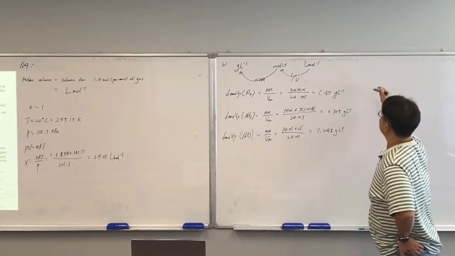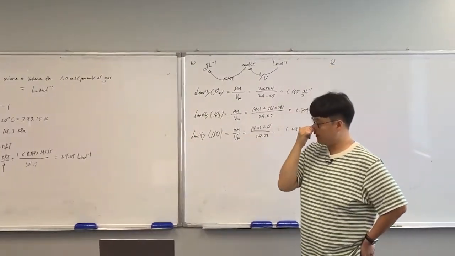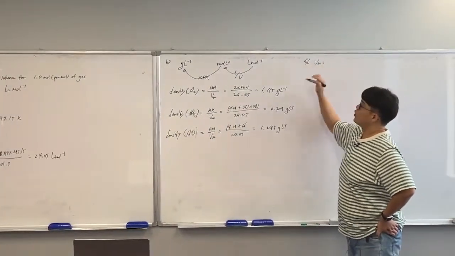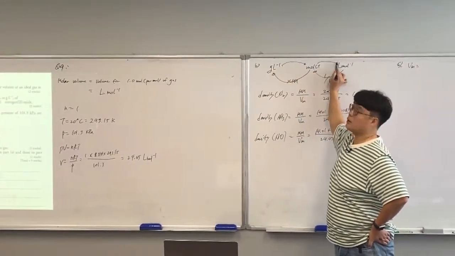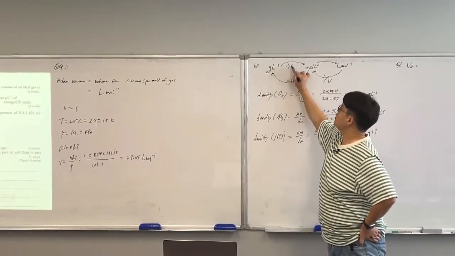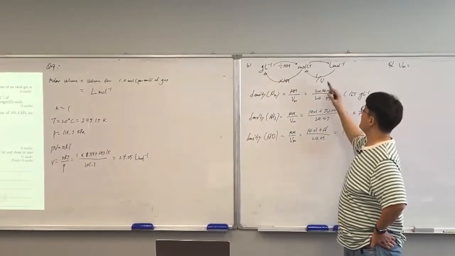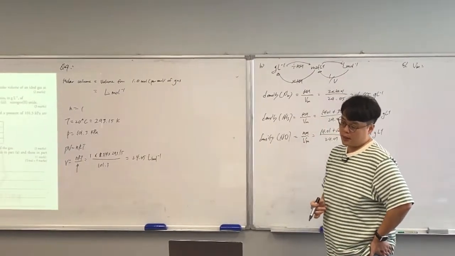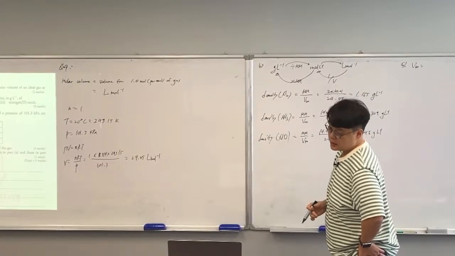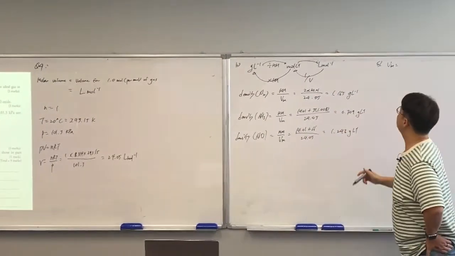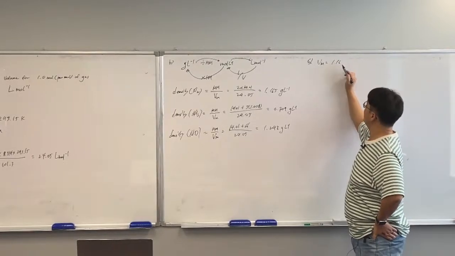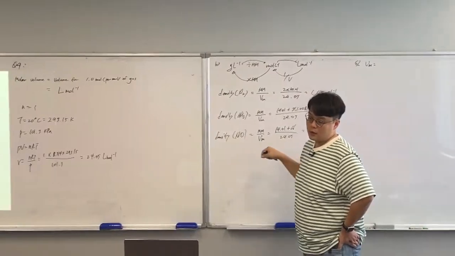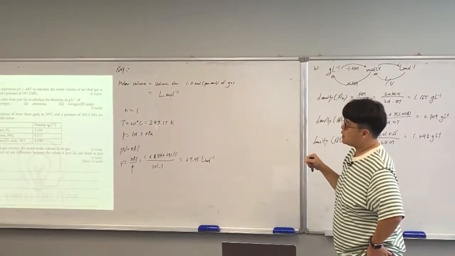Let's do part C first. From the given densities, if you want to get the molar volume, we're going backwards. You divide the molar mass by the density, which is the reciprocal of what we did before.